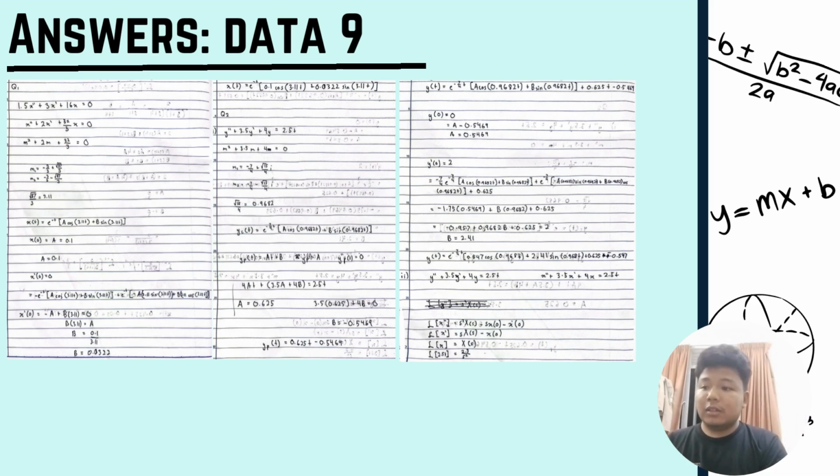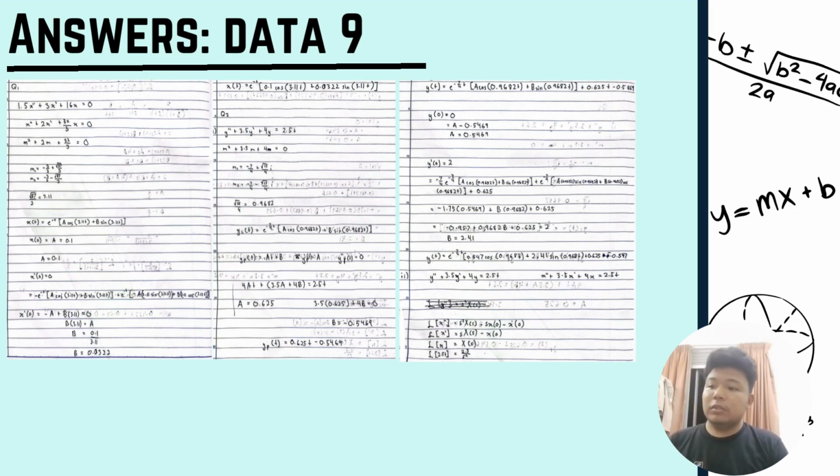And when we plug into the y(t) equation, we get that the final equation is e to the power of negative 7 over 4t, 0.547 cos 0.968t plus 2.41 sin 0.968t, plus 0.625t minus 0.547.